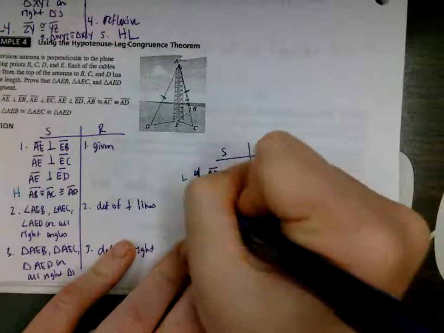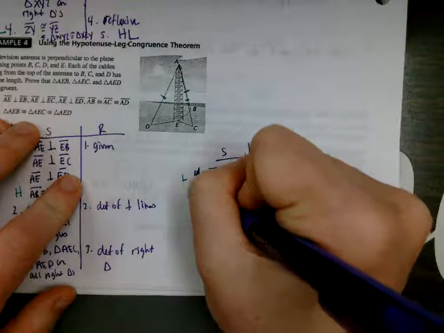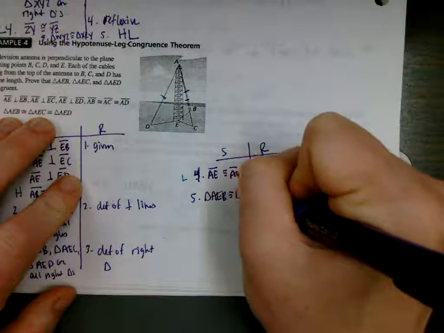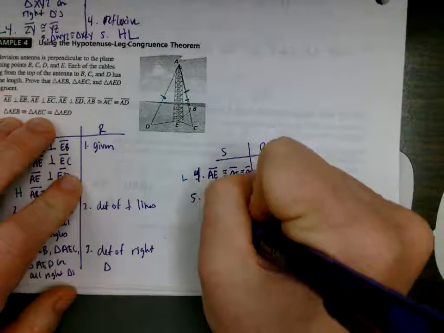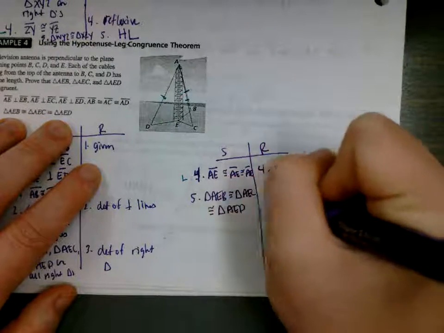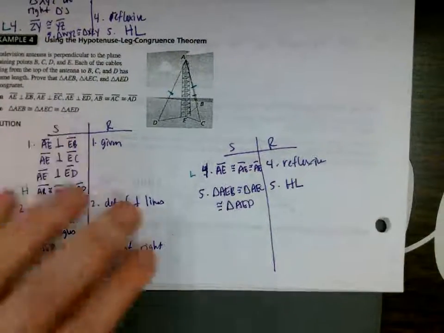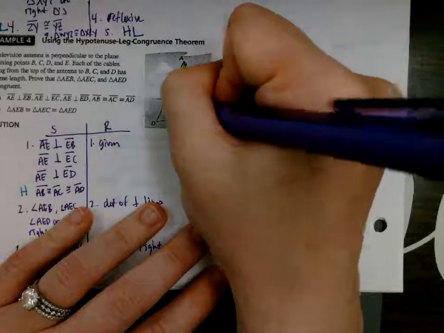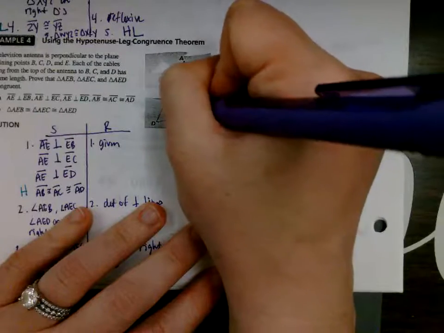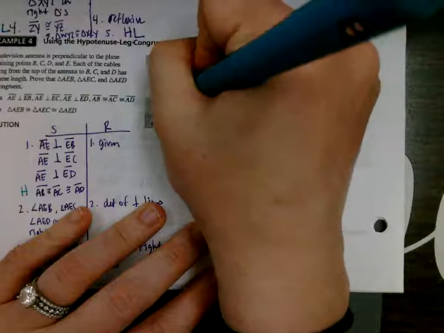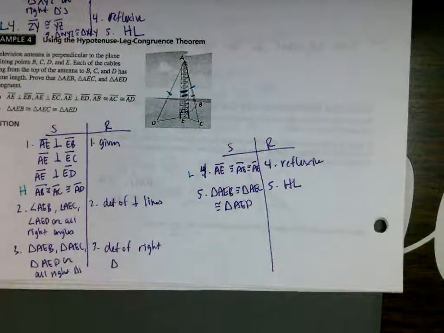So then in step 5, I have that triangle AEB is congruent to triangle AEC, which is congruent to triangle AED by HL. You can see that there. We can go ahead and fill in I have all of these right angles, and I know that AE is congruent to itself. All right, let me know if you have any questions.